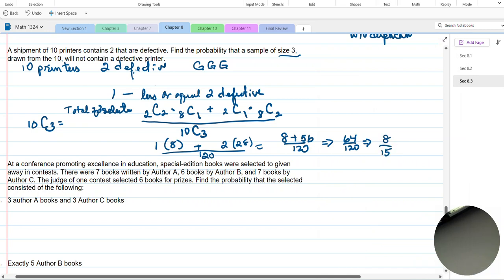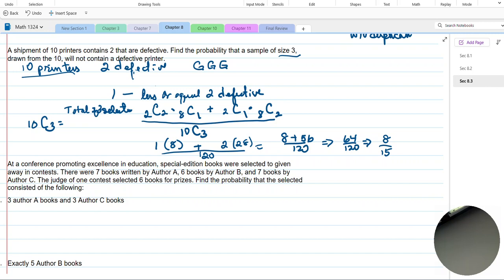So let's review again. We had a total of 10 printers, 2 defective. We want them all to be good, none to be defective. So it's 1 minus the probability of 2 or less defective.